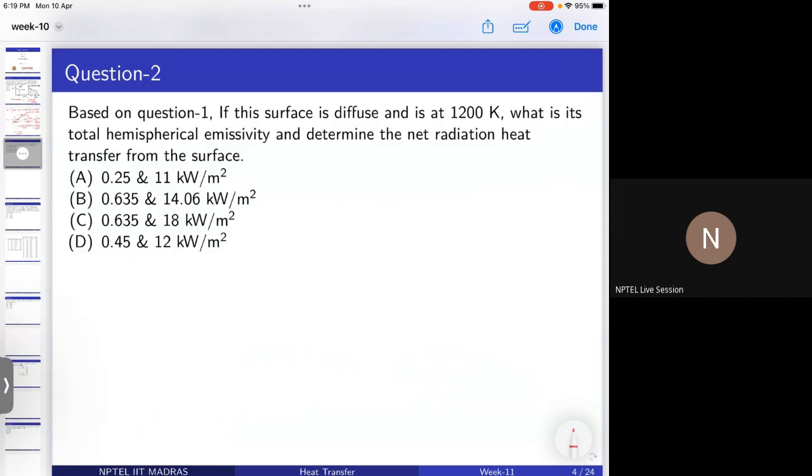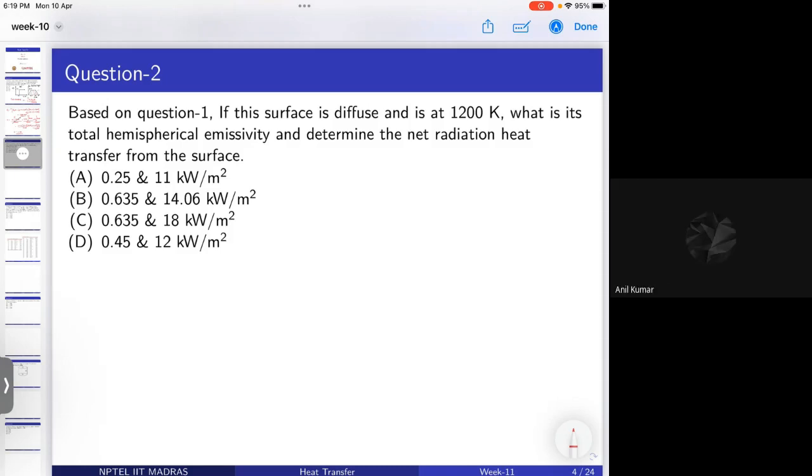No, no, no, no. You shouldn't confuse a diffuse body and a black body. They are different. A diffuse body, in the sense, the intensity or the emission doesn't have any spatial variation. It is not a black body. Diffuse bodies are not black bodies.